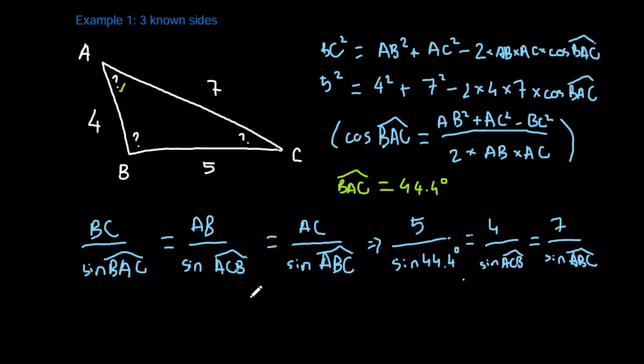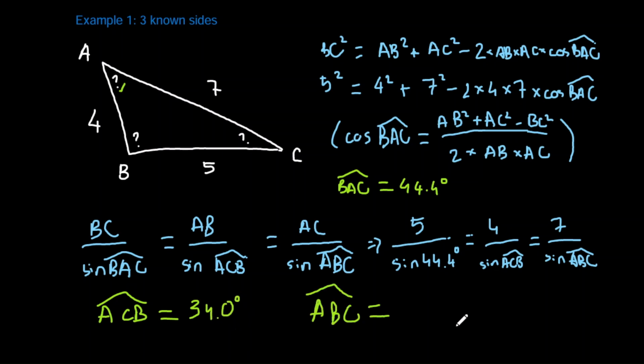Then using your calculator, you should find that ACB is equal to, now the first time that you plug all this into your calculator, you'll probably obtain the answer that angle ABC is equal to 78.5 degrees.